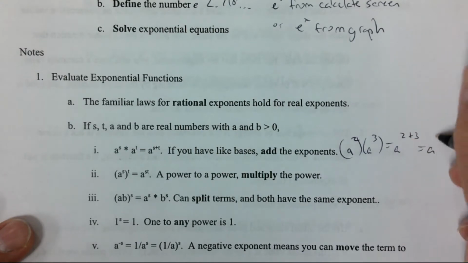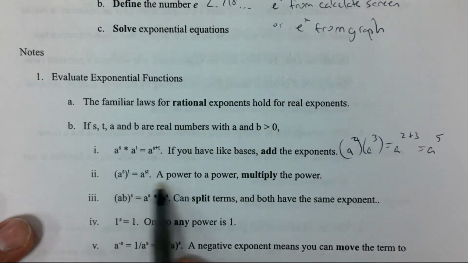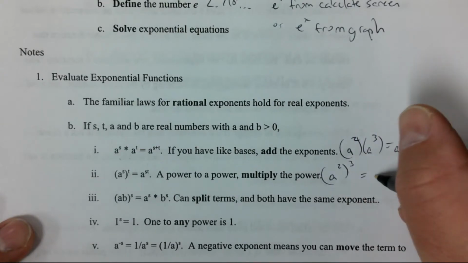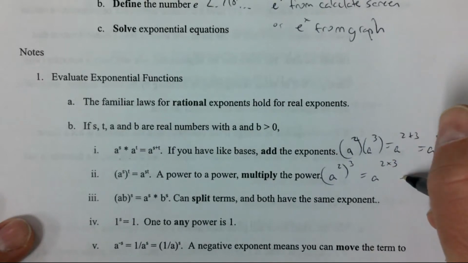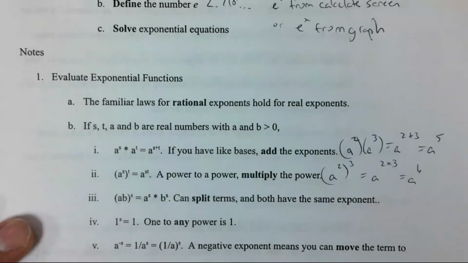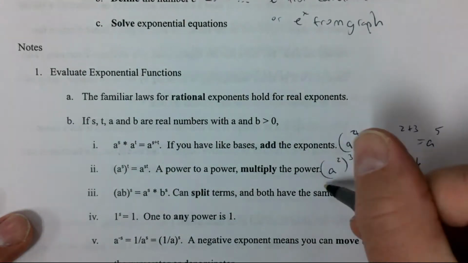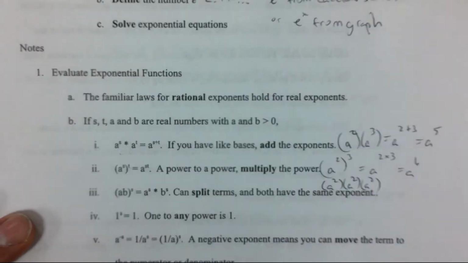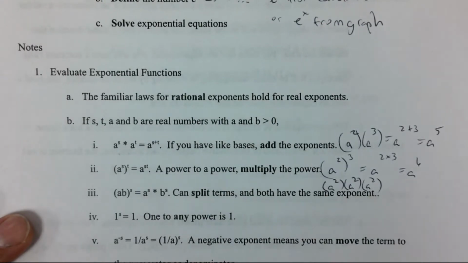So that's a to the fifth. Now in this one, a power to a power, multiply the power. So a squared cubed is a to the 2 times 3, which is a to the 6th. The reason is because we think of that as a squared times a squared times a squared. So there are 3 of them.